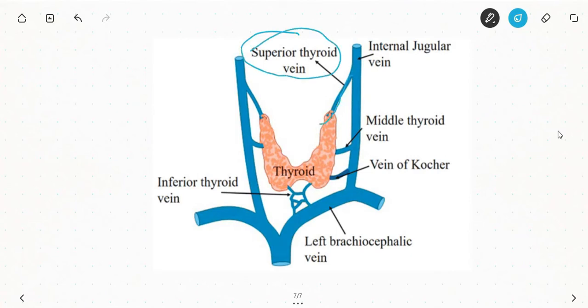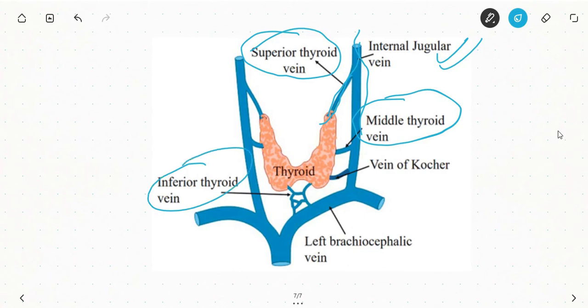The venous drainage comes through the superior thyroid vein that drains the upper pole and enters the internal jugular vein. The vein will follow the artery. The middle thyroid vein drains into the internal jugular vein; it is short and single. The inferior thyroid veins form a plexus that drains into the innominate vein.